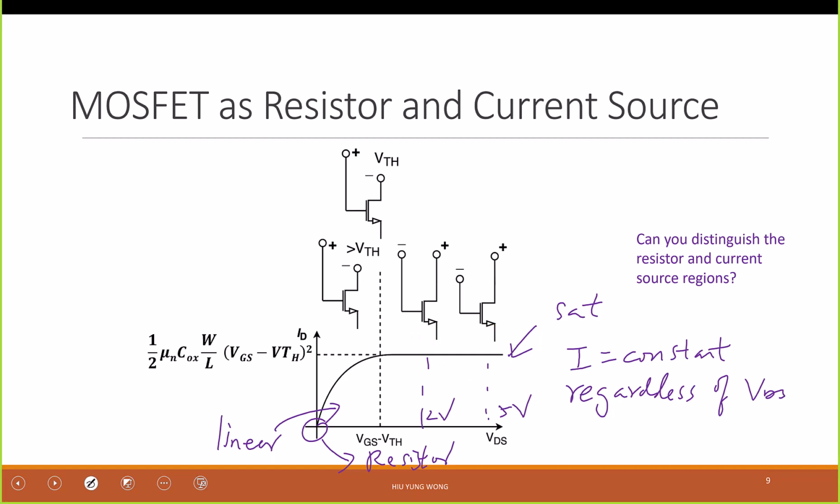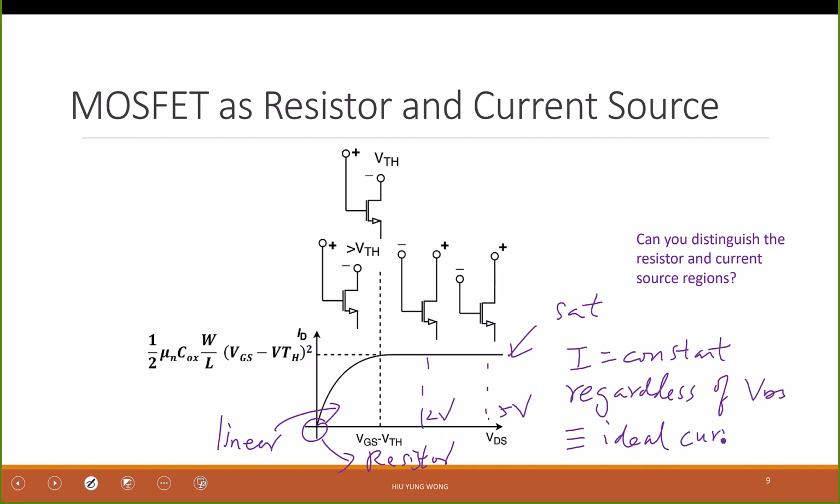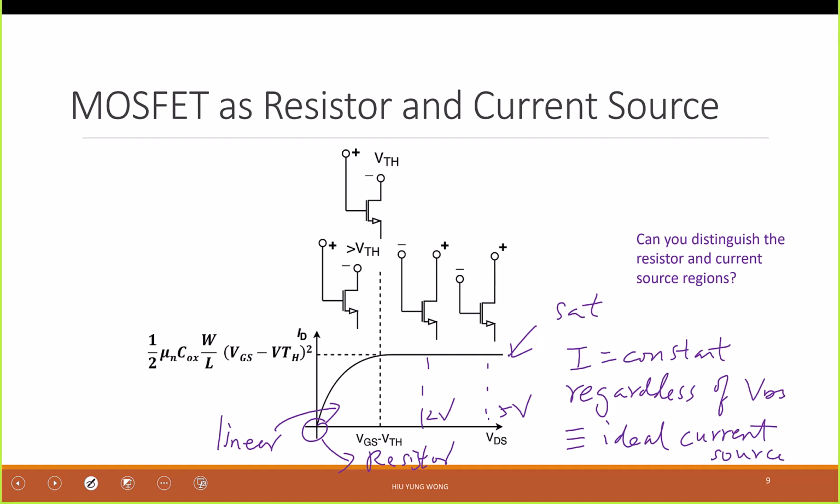What type of component will give you this behavior? You apply 2 volt, it gives you the same current. Apply 5 volt, it gives you the same current. What do we call this component? Ideal current source. It's a current source, right? So whatever you give me, I give you a constant current. So this is very important in this class.